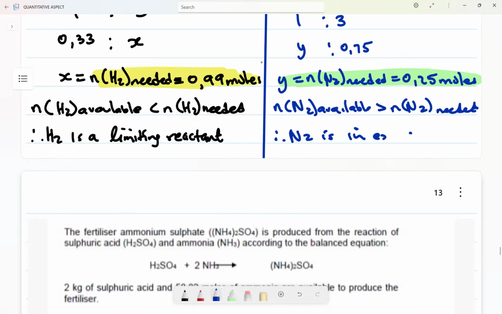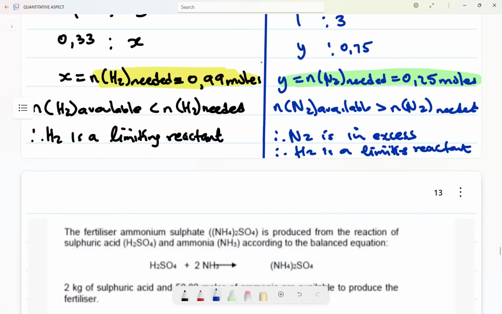If N2 is in excess, therefore it causes the other one to be a limiting reagent. Therefore H2 is a limiting reactant. Do not stop after saying N2 is in excess, because the question was which one is a limiting reagent. So you need to conclude therefore. If you have done this, then it automatically gives you the answer. Either way we use, it's going to be fine. From now on, I'm going to use just one of those two.